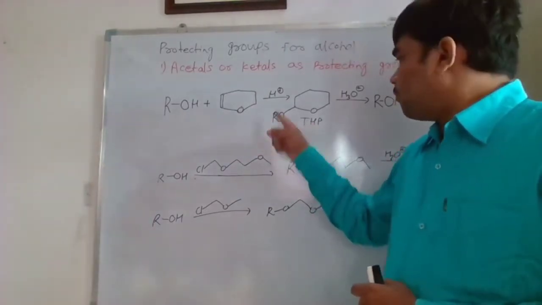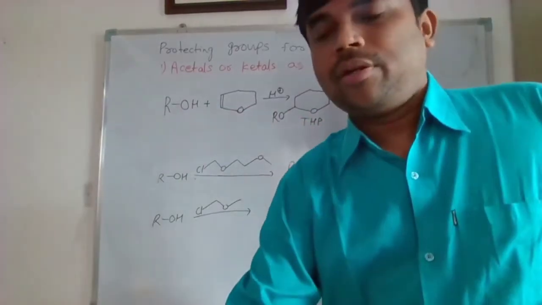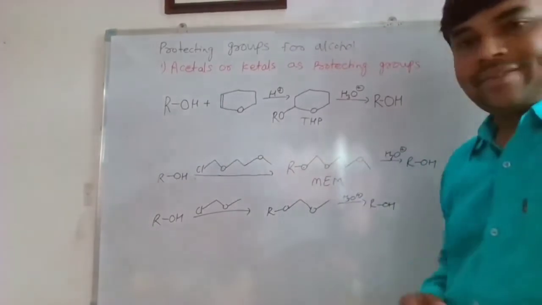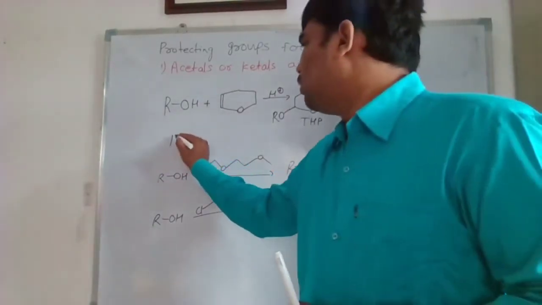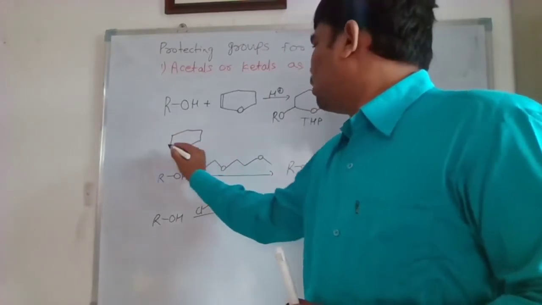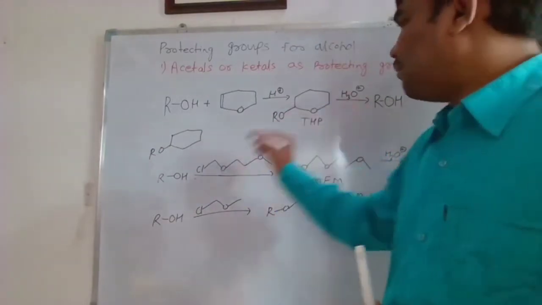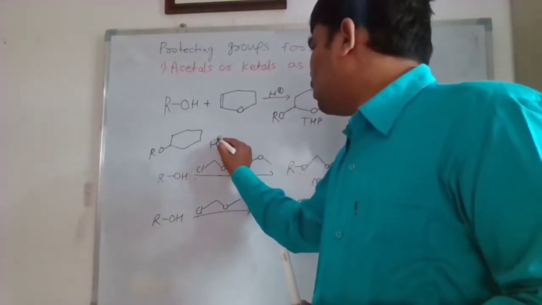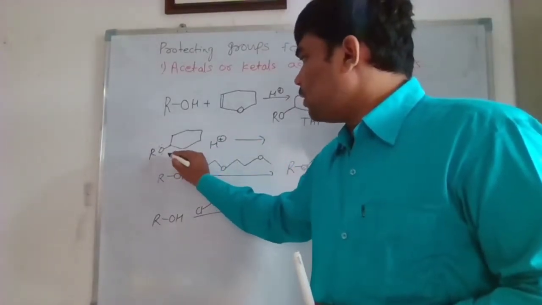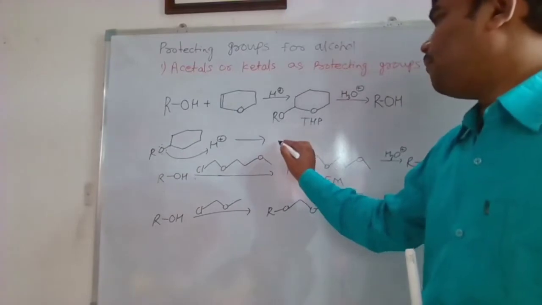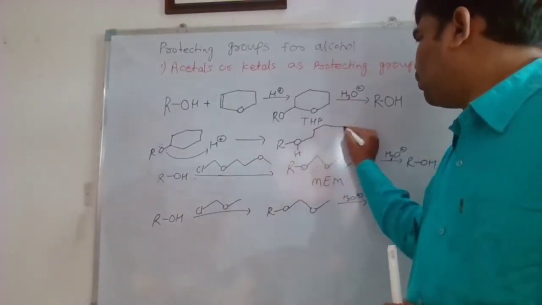Actually, when we form this THP, it is deprotected by aqueous acid, and its mechanism is like this. THP reacts with H+ from the aqueous acid, this oxygen gets this hydrogen and forms such a derivative.